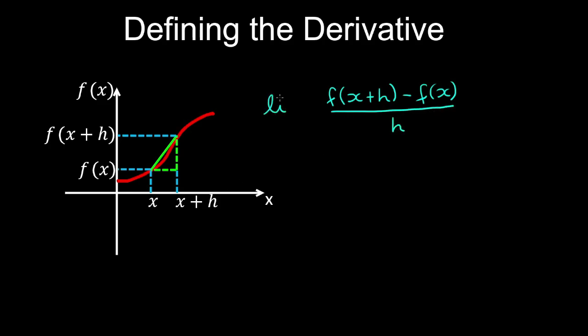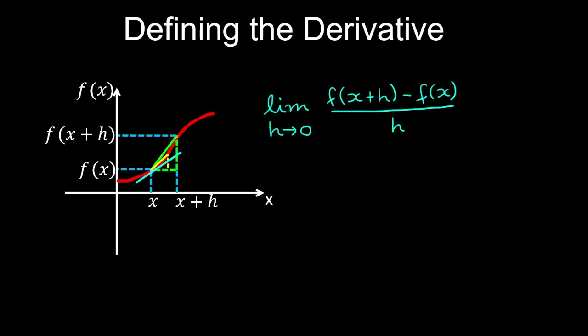And then if we take the limit as h approaches 0, we obtain the slope of the tangent to the curve at x. So for example, as h gets smaller and smaller, we get another secant, and that gives a better approximation to the slope of the tangent to the curve at x. And this tangent touches the curve only at x.